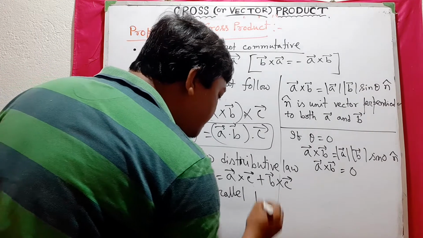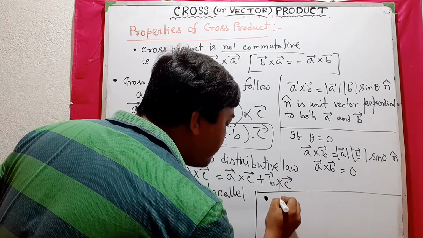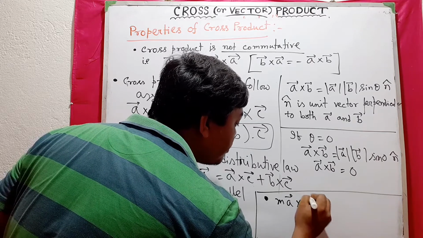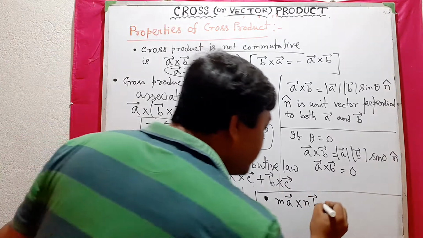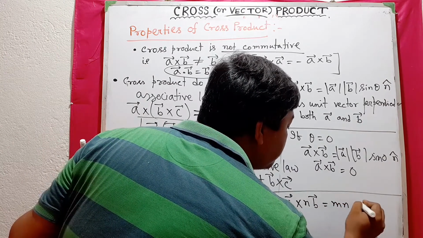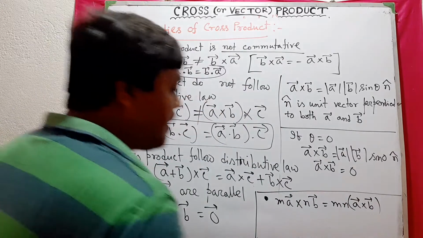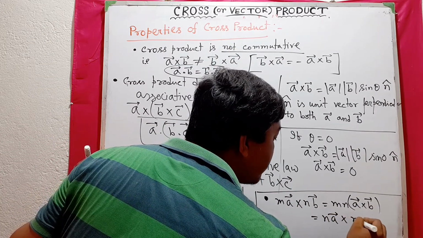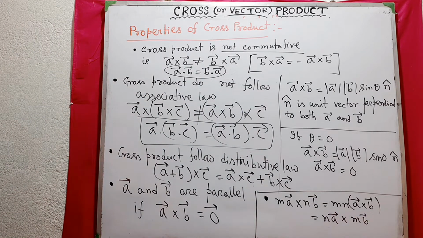Another property is that for some constant m times A vector cross n times B vector, where m and n are purely scalar quantities, that gives mn times A cross B. The scalars come outside.